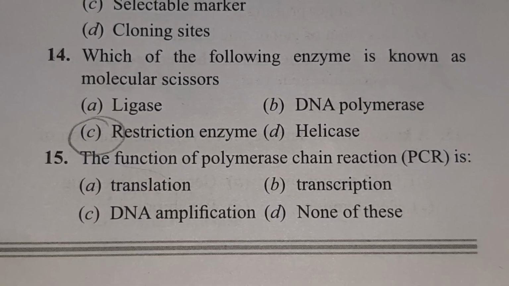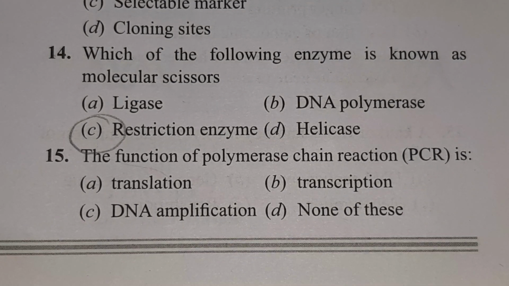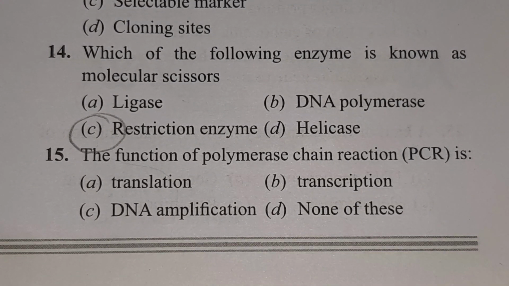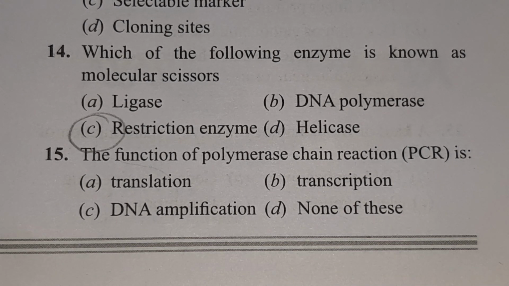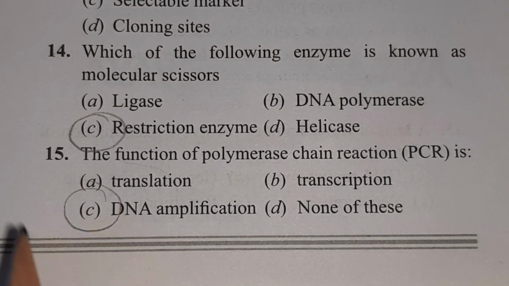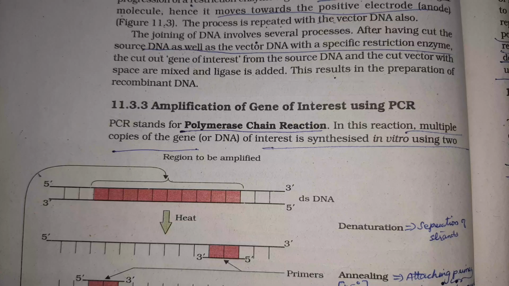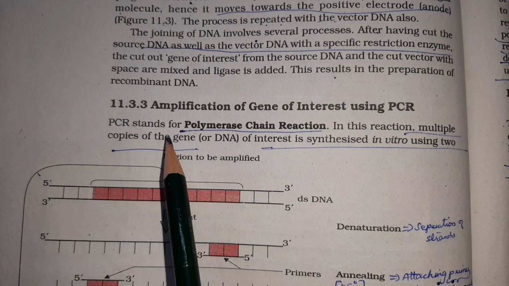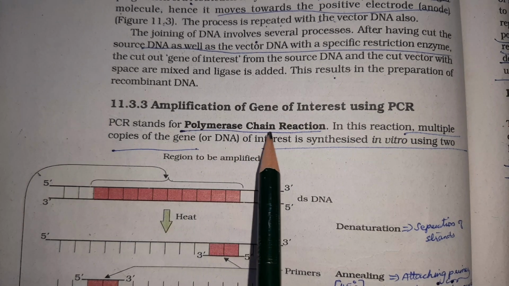Same answer. Next question we have, the function of polymerase chain reaction, PCR, is translation, transcription, DNA amplification, or none of these. The answer for this is DNA amplification. On page number 202 you have, PCR stands for polymerase chain reaction.